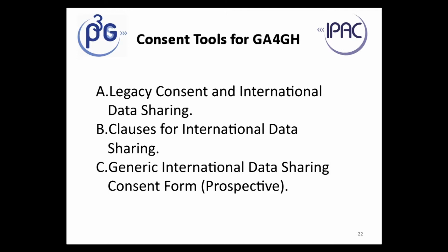Well, we've looked at 3 issues: legacy consents, the problem of people who consented in goodwill in 1990 and nobody talked about online cloud computing, no one talked about international data sharing, no one talked about potential commercialization. Then, what if you want to start now and you need clauses now for your project for international data sharing, and we even provided a template that you can customize.